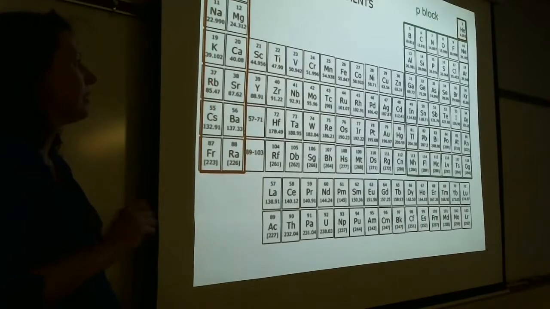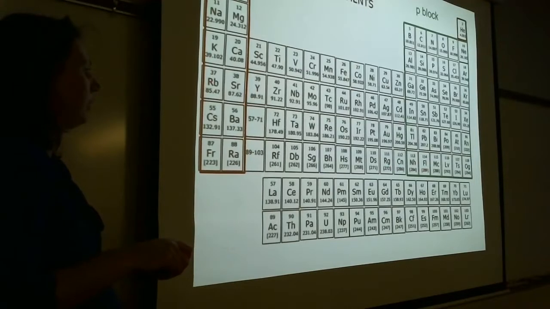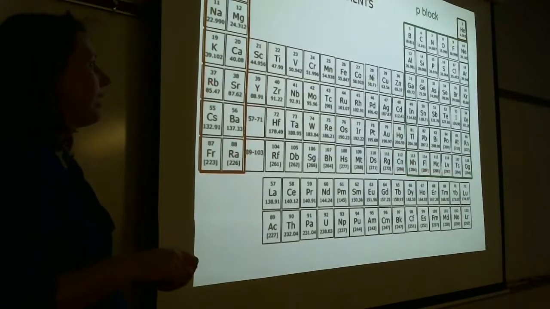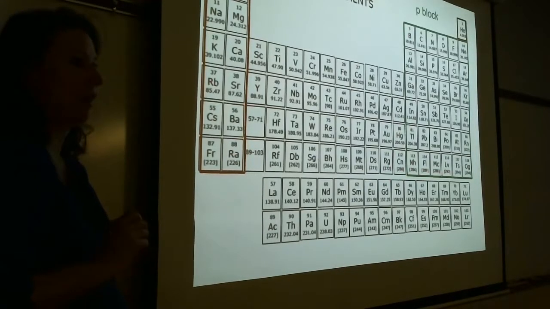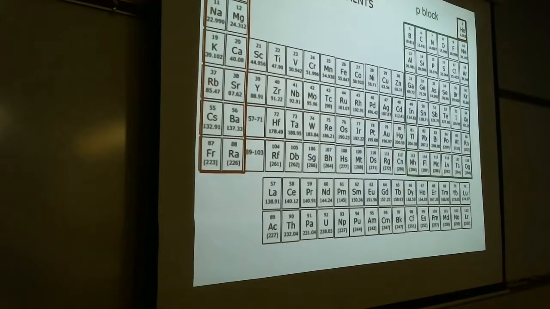All right, next, you want to go from boron down to nihonium, I think. It's one of the new ones. All the way over to the end and back up to neon. These guys are the P block.